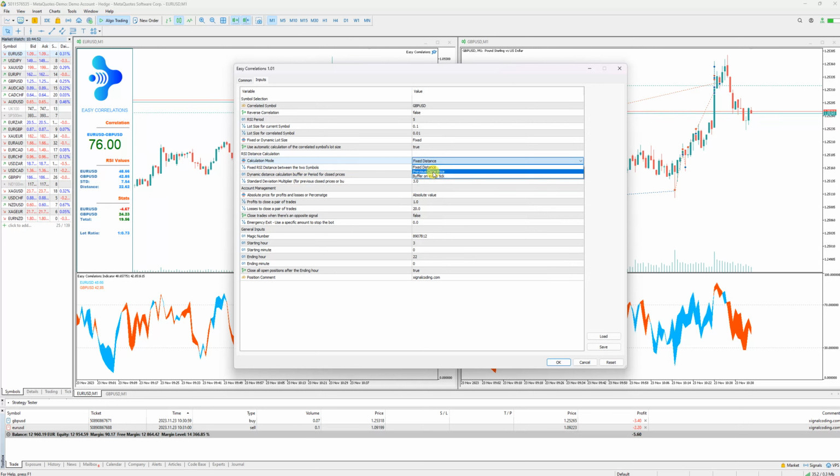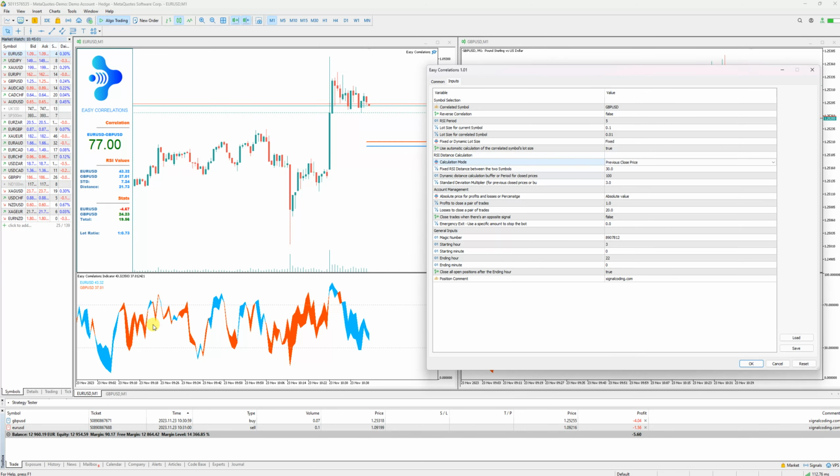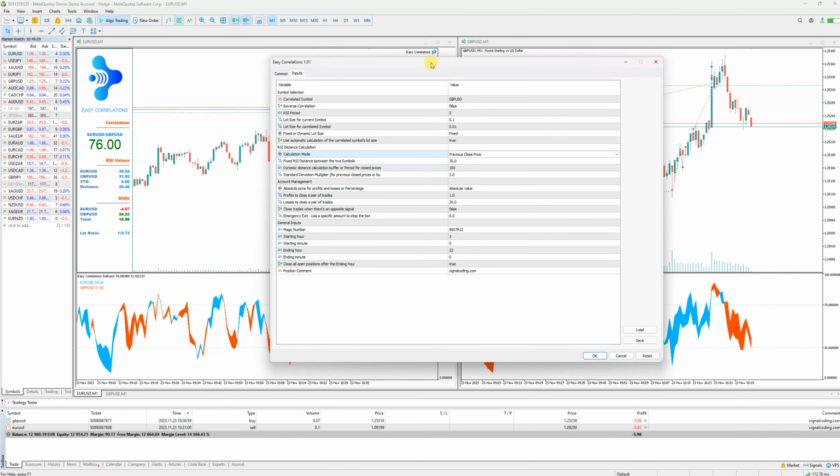We have the previous close price, and what the previous close price does is that it looks back at these RSI values, the previous bars, and it calculates the standard deviation of the differences of these two RSIs, and how much back it's gonna look, you can change here.